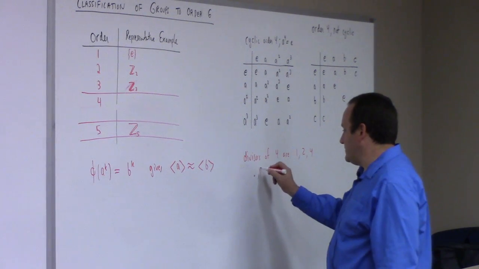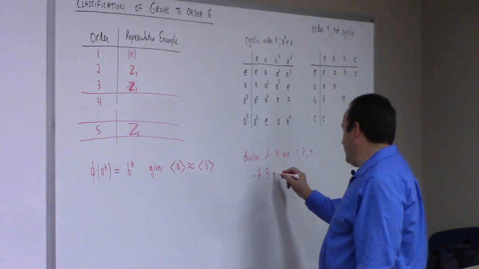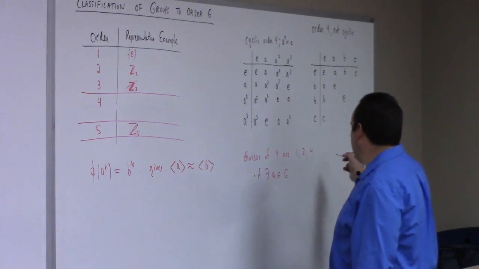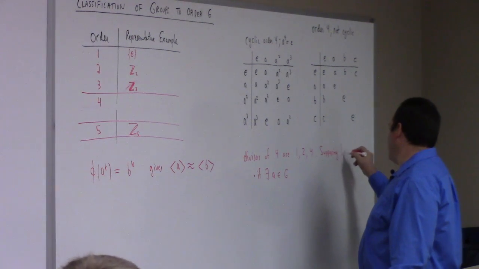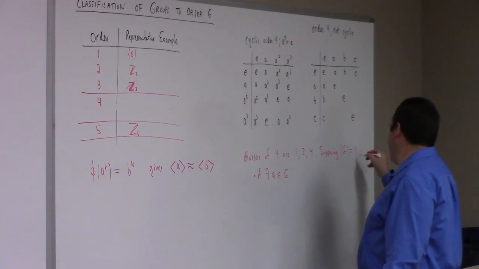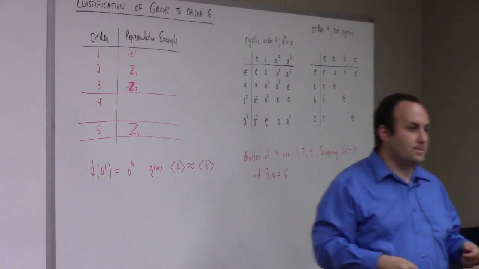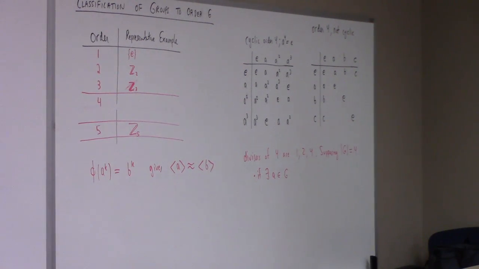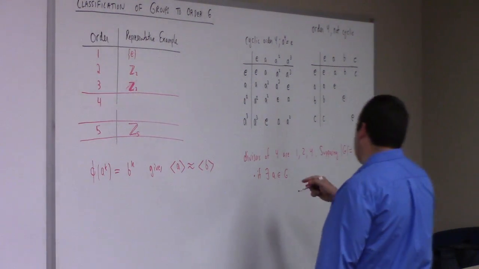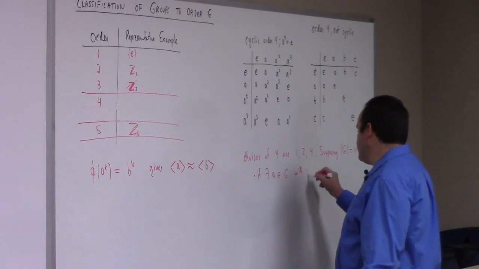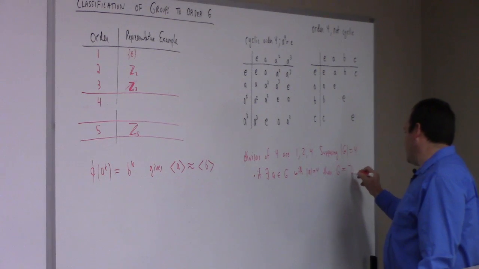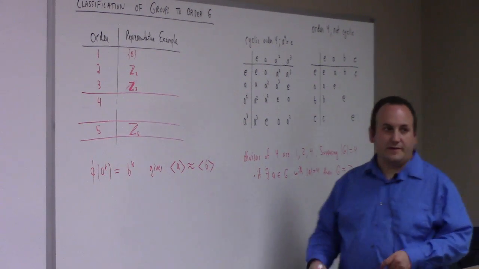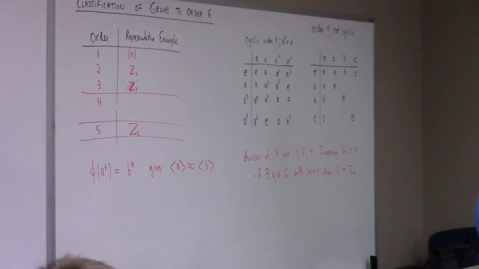So let's suppose the order of G is equal to 4 for a moment. If there exists A in G with the order of A equal to 4, then G is isomorphic to Z4, right? It's a cyclic group of order 4.